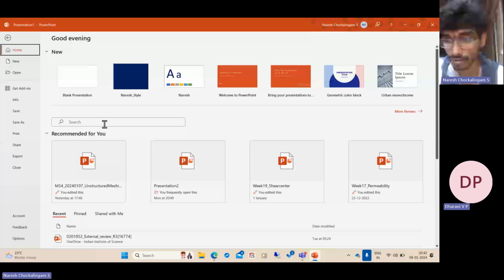Yes, sir, your voice is audible, but sometimes there is a break in between, and also there is a lag between the screen and the voice because it was raining here and my network connectivity is poor. Sir, I could listen and see, but the connectivity is poor. Okay, it is also raining here in Bangalore.